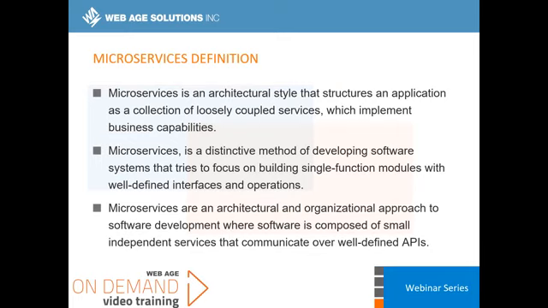Right, so that each one of the microservices that we develop provides some business capability, and they are loosely coupled such that they can be swapped in and out as necessary without causing disruption to the overall business services.